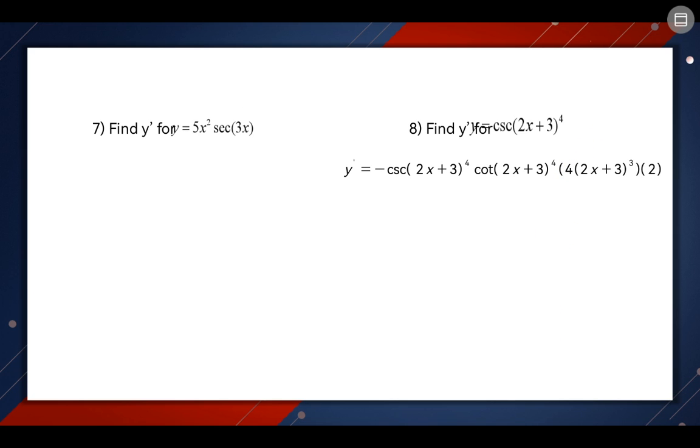Okay, the 8th question and 7th question are also about how to use the chain rule to calculate the derivative of y.